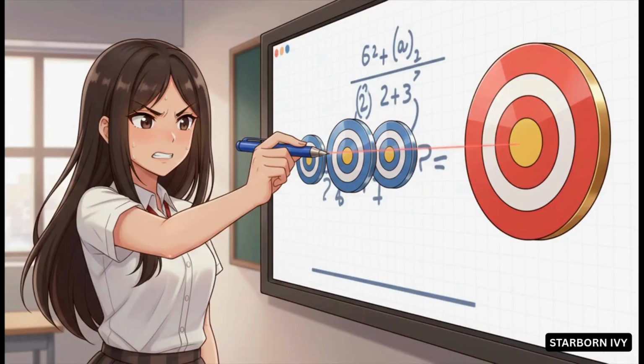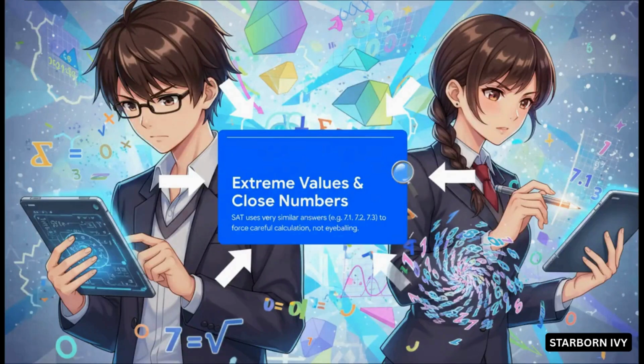And finally, let's look at a trap that is all about catching calculation errors. This is where the answer choices themselves are the trap, using numbers that are super close together. So let's say you solve a problem, and you get 7.18. You look at the answer choices, and they are 7.1, 7.2, and 7.3.